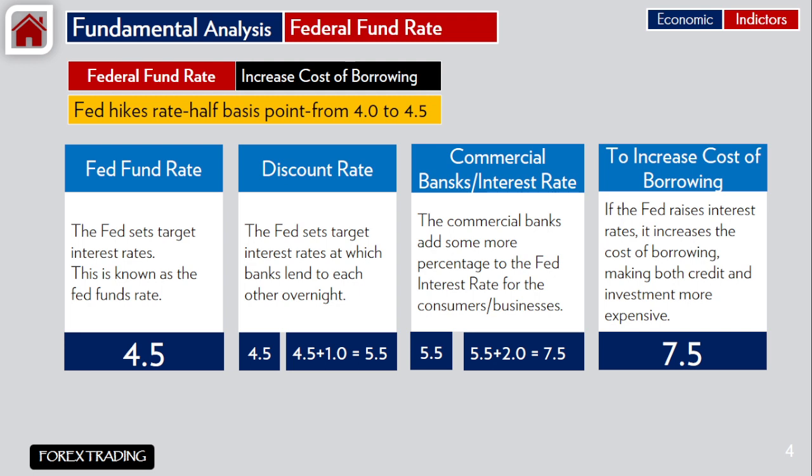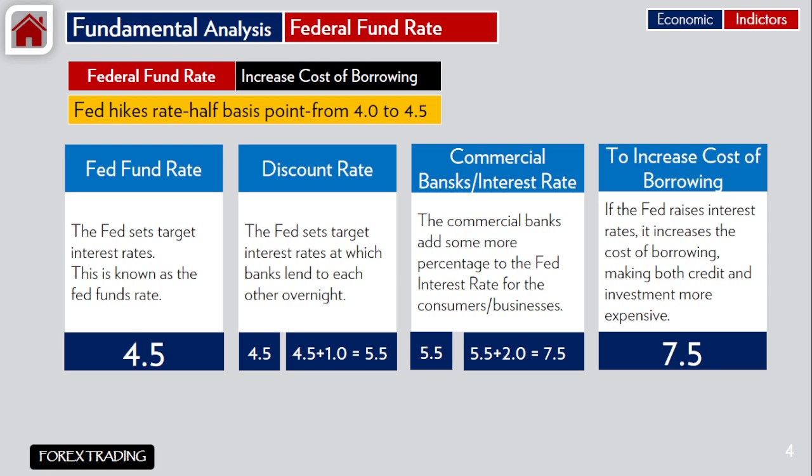When the Fed raises interest rates, it increases the cost of borrowing, making both credit and investment more expensive. They increased it by just half a percentage point, and you see the end consumer actually gets affected by it.